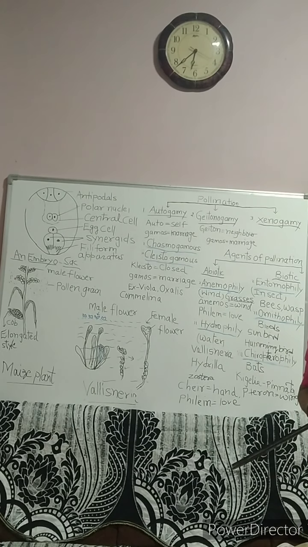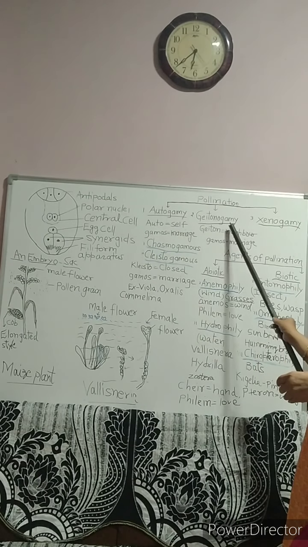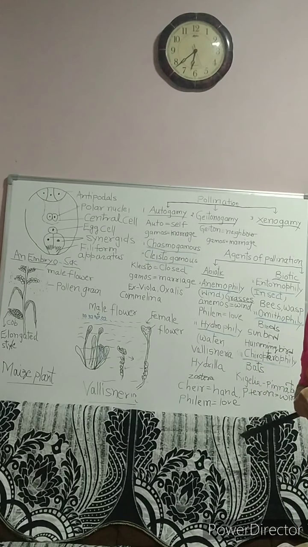Geitonogamy is like cross pollination, but because it occurs in the same plant, the genotype remains the same.